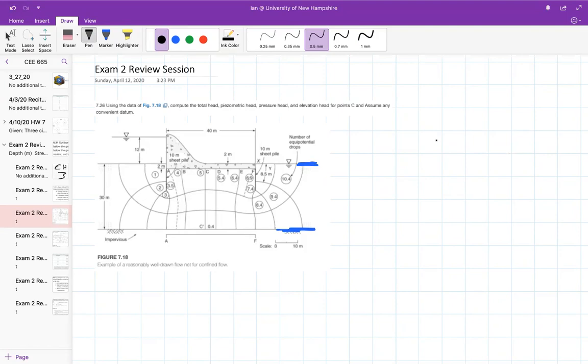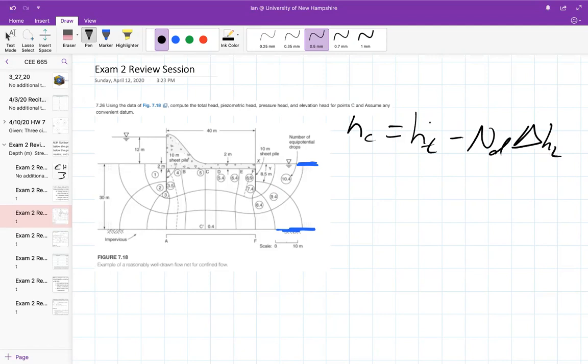So I'm going to calculate my total head at point C, so we got total head minus, our flow net, I think D, times the change in head.